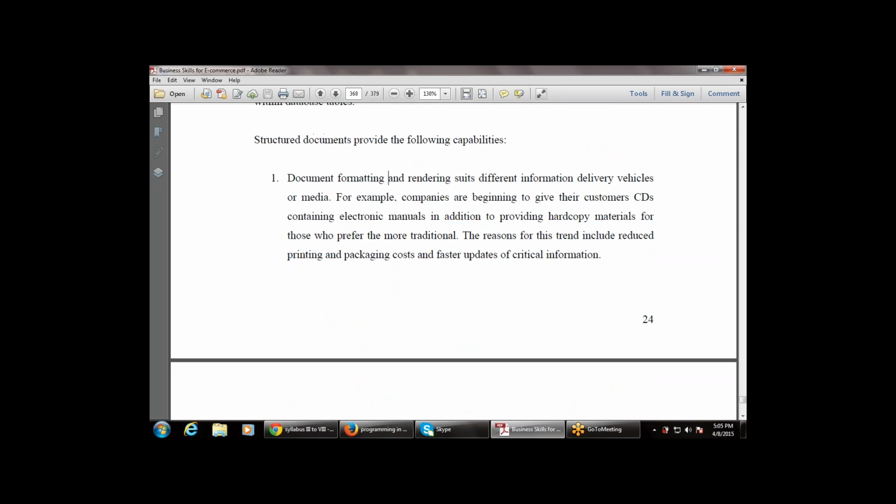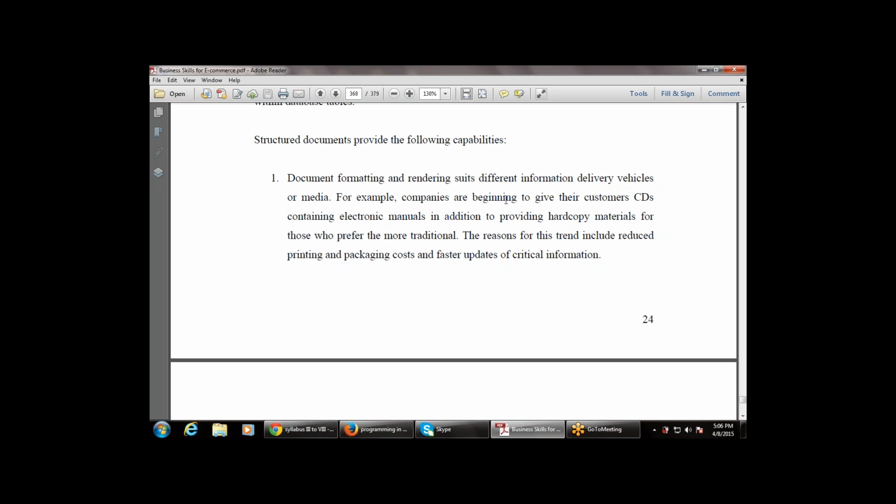So what are the various capabilities provided by the structured document? First of all, document formatting and rendering suit different information delivery vehicles or media. That is, document formatting and rendering are easier whenever we use the structured document.